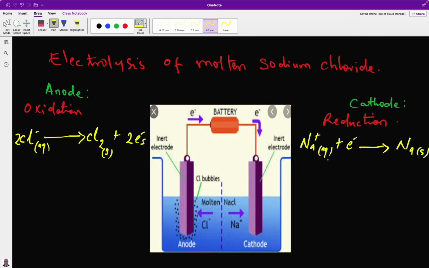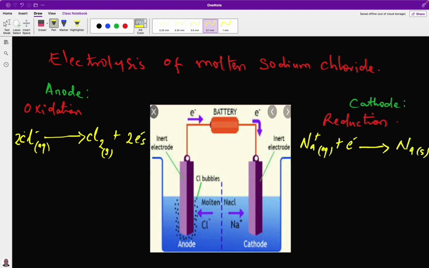So the sodium will gain electron to be deposited as the sodium solid at the cathode. In that case, sodium is reduced from +1 to the solid metal.